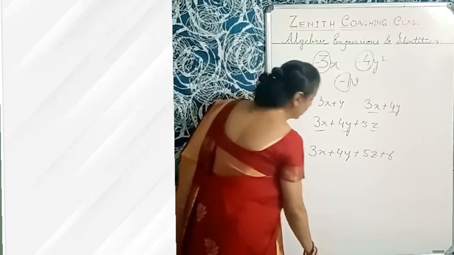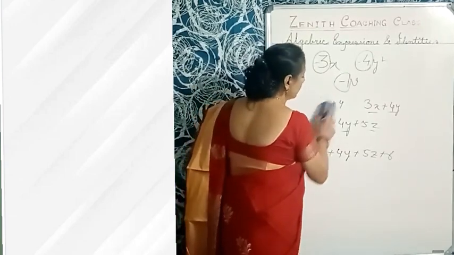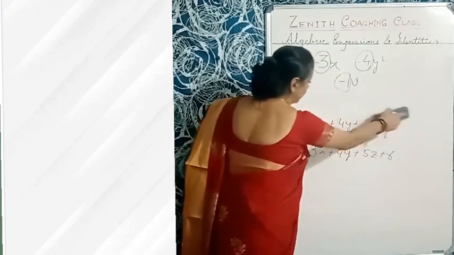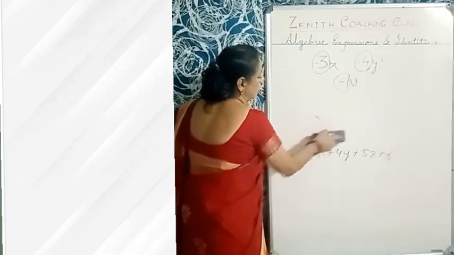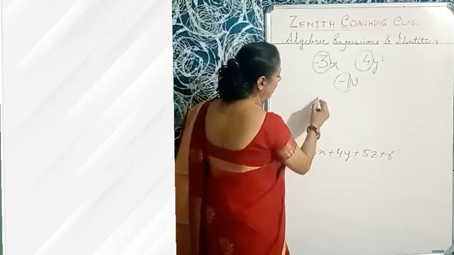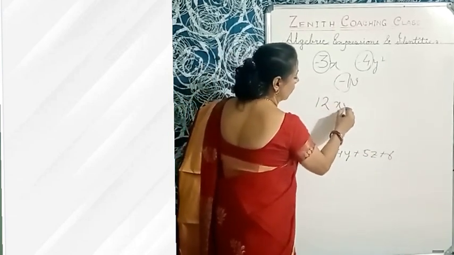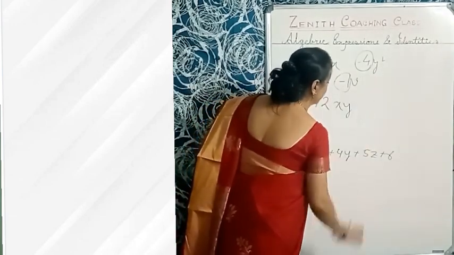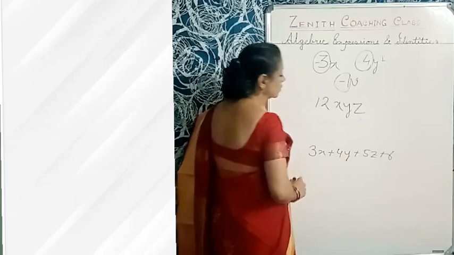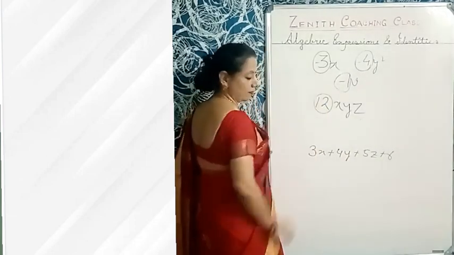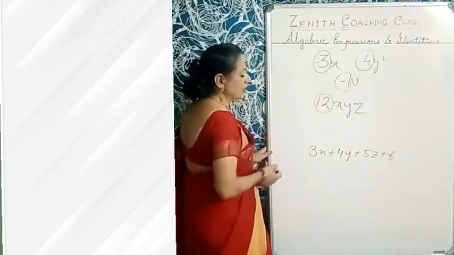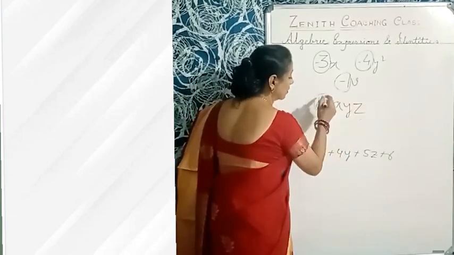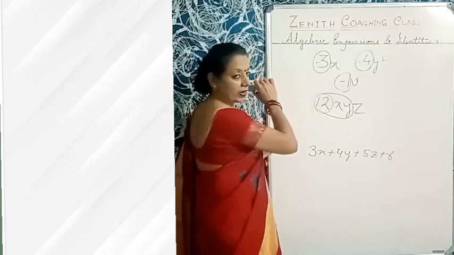Now let's study the term 12xyz. Here the numerical coefficient is 12. But if I ask what the coefficient of z is, except z you will take 12xy.